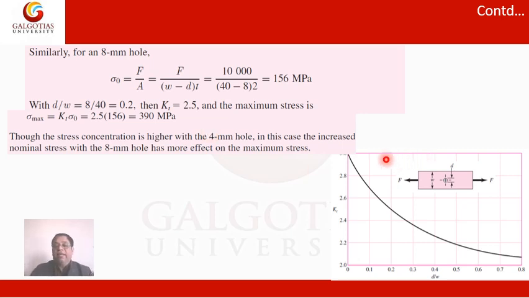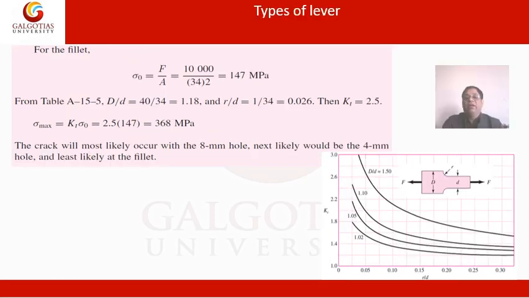Then for the third part of this numerical, we have to find the stress produced at the fillet. The same exercise you will repeat. You will find the nominal stress using the load upon area formula. Then you will find the ratio of capital D upon small d, which is 1.18, and r by d, which is 0.026. So you will find the stress concentration factor for the fillet.